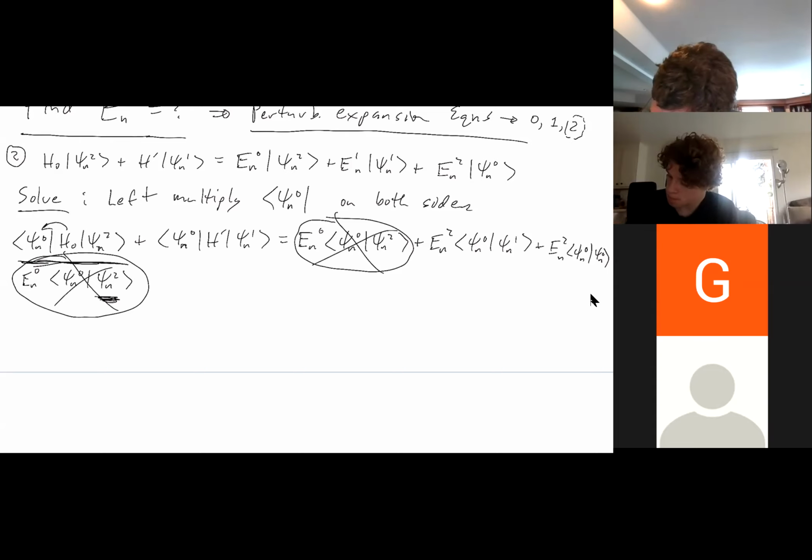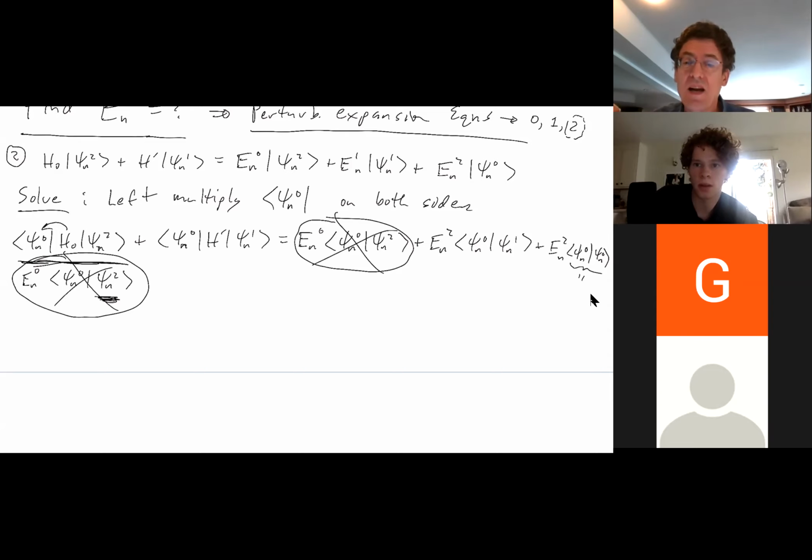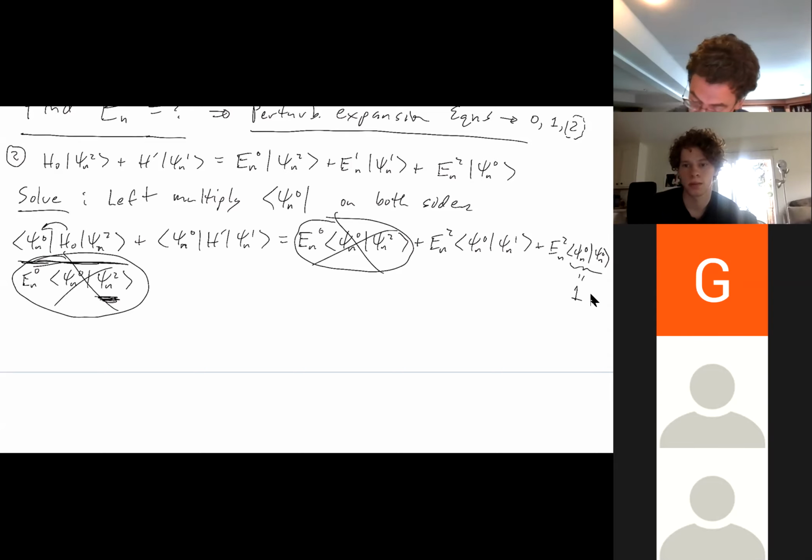And then this one, of course, right here, what's this equal to? 1. Perfect. And what's that equal to? 0. Yes, because remember we were talking about that Hilbert space argument that psi n1 is perpendicular to psi n naught in Hilbert space. Remember that whole argument.